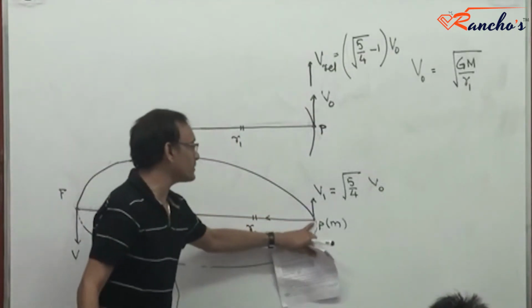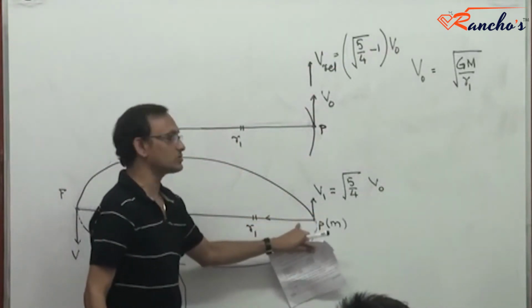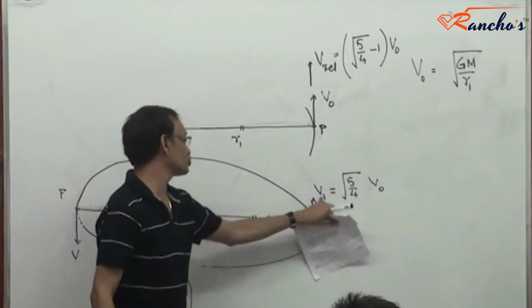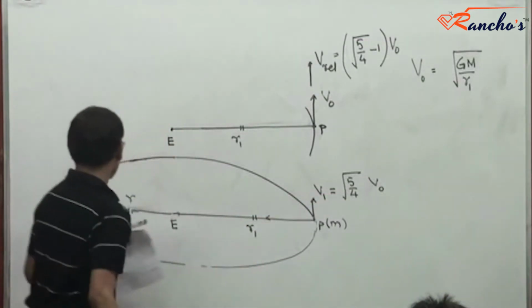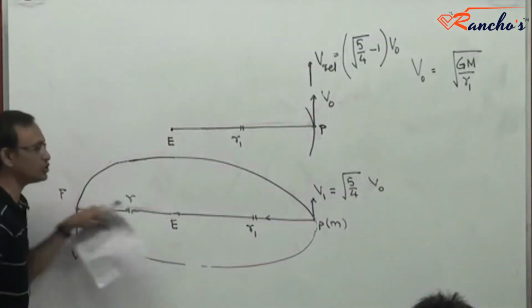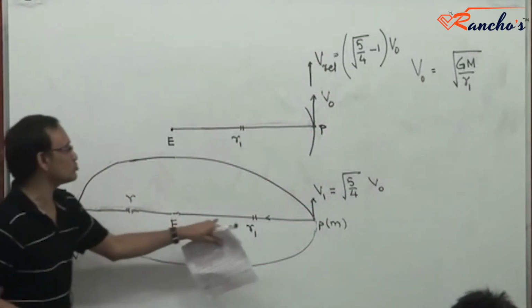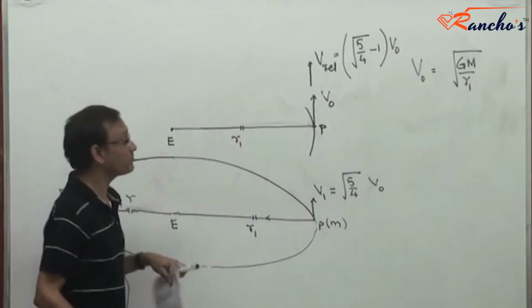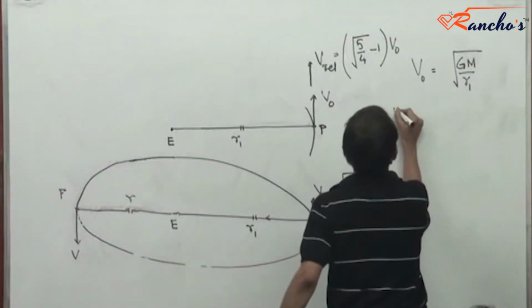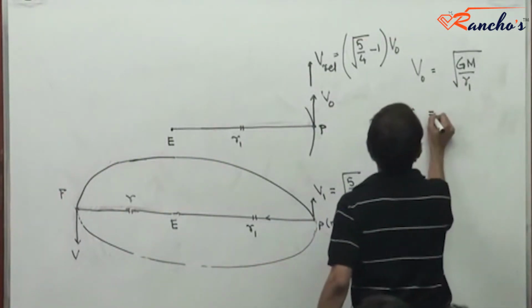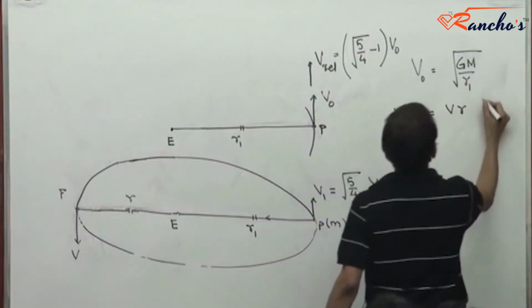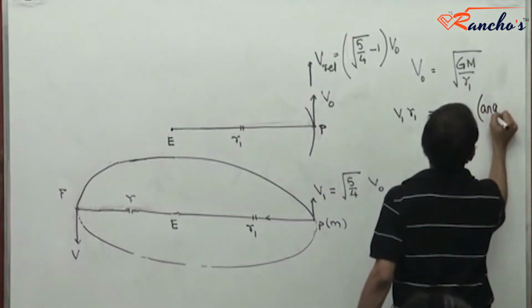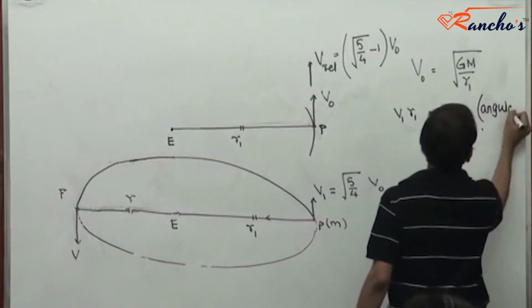So the total angular momentum at this point, since V1 is perpendicular to R1, is going to be m into V1 R1, and at this point it's going to be m into V into R. So m gets cancelled, so you have V1 R1 equals V into R. That's angular momentum preserved.